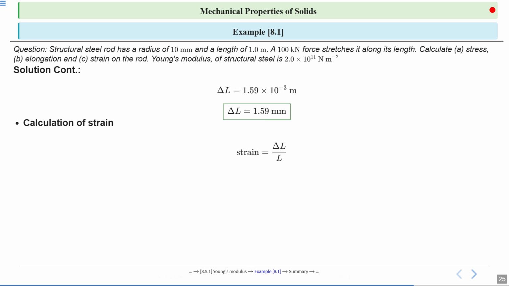Calculation of strain. So strain is equal to delta L by L. Strain equals 1.59 into 10 raised to the power minus 3 m divided by 1 meter. Alright, so strain equals 1.59 into 10 raised to the power minus 3.